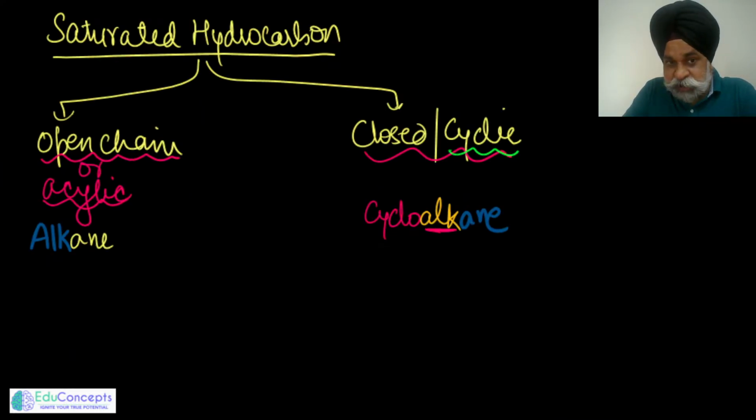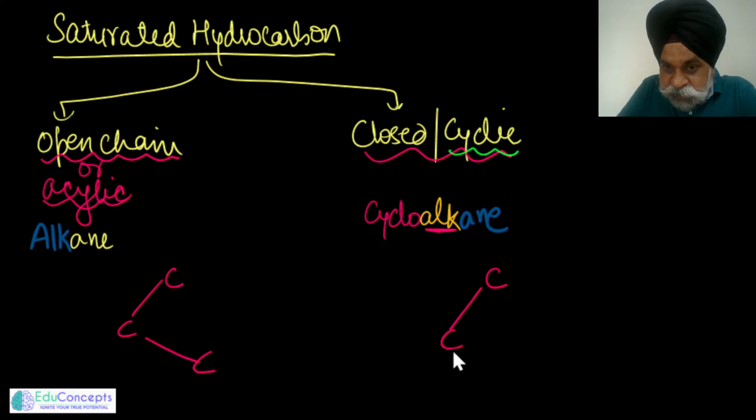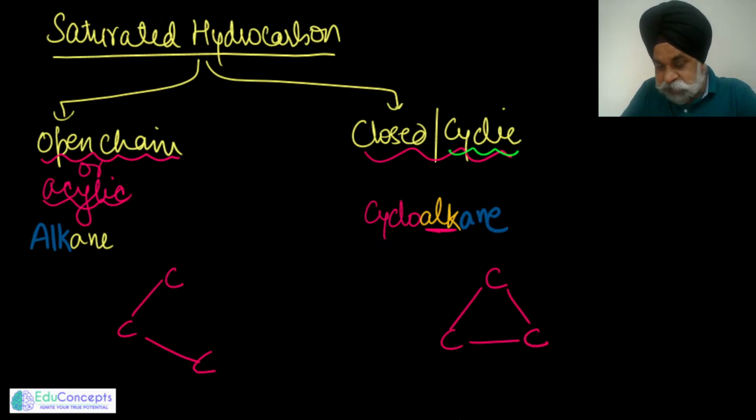What I am trying to say here is, when you talk of a saturated hydrocarbon, if I show you 3 carbons joined to each other with single bonds. Now these 3 carbon atoms can also join to each other by single bonds like this also. Wow, this is interesting. You can join it like this, you can join it like this, and it is still single covalent bonds.